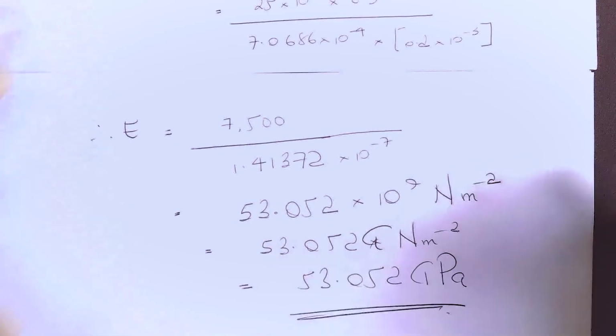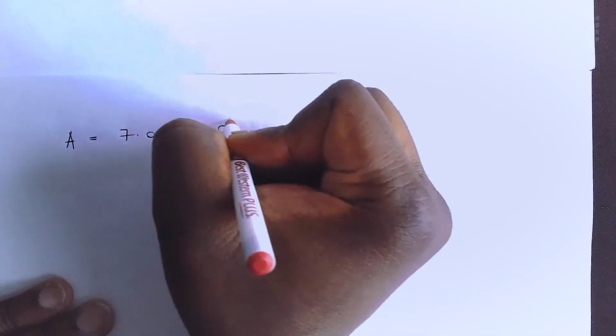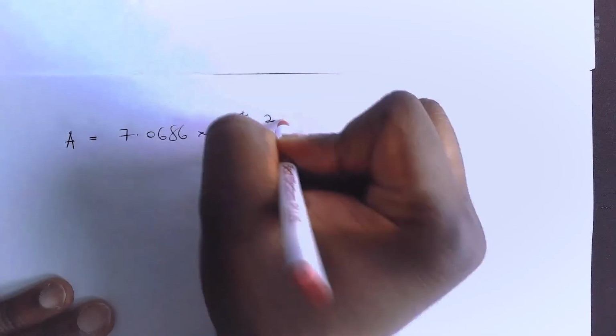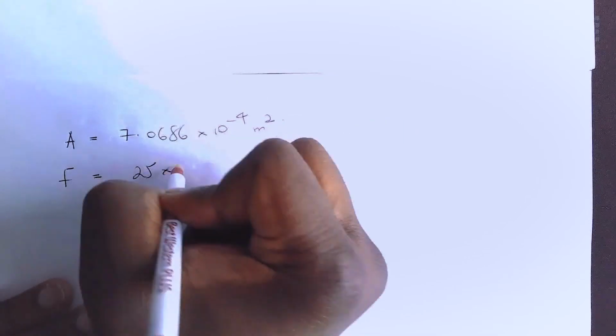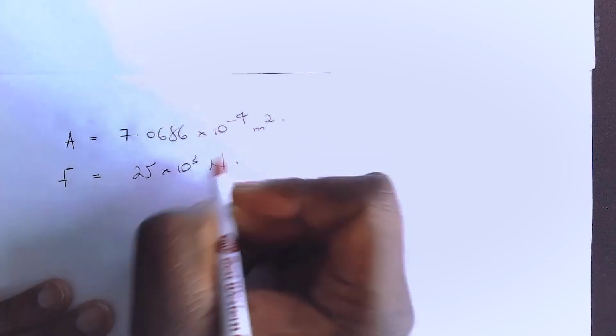So let's use alternative 2, first principles. We've calculated the area, so we don't need to calculate that again. So area is equal to 7.0686 times 10 to the power minus 4 meters squared. We know F to be 25,000 newtons.